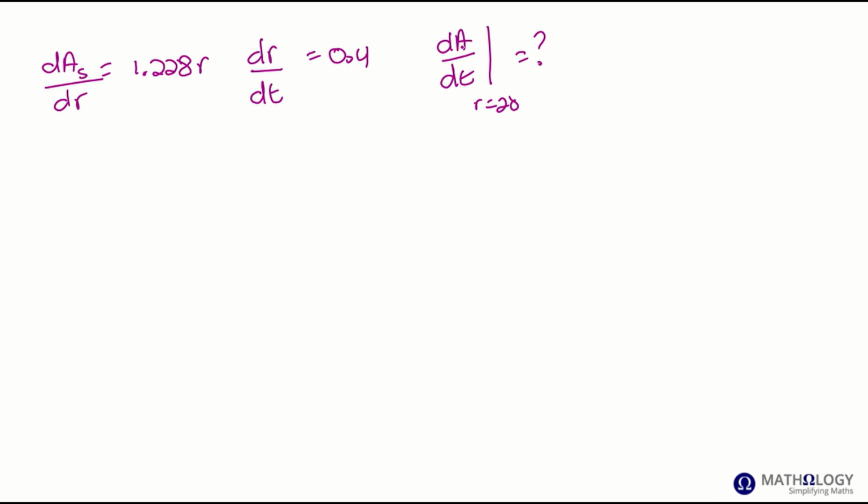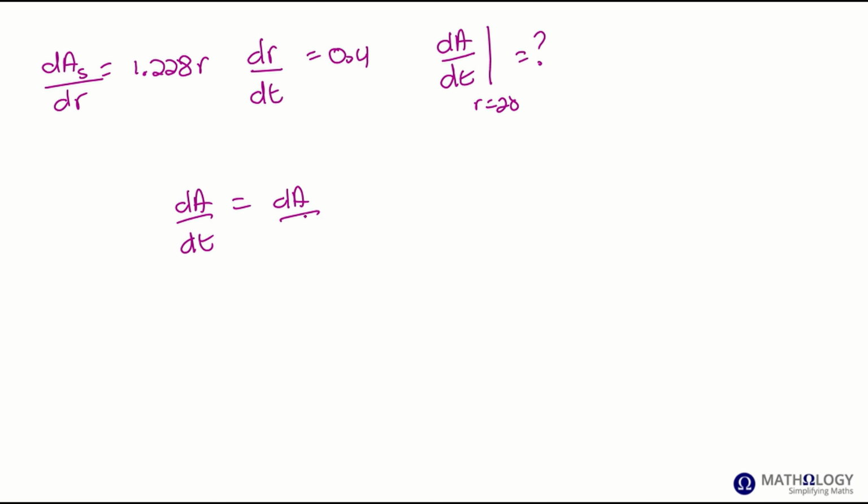So since we're looking for the differential dA dt, we'll start with that. So dA dt equals, now if you look at this construct, this differential dA dt, we have dA in the numerator and dt in the denominator. So we need to have the equivalent on the right-hand side. So we're going to have to start with dA, but we've got to use a different differential.